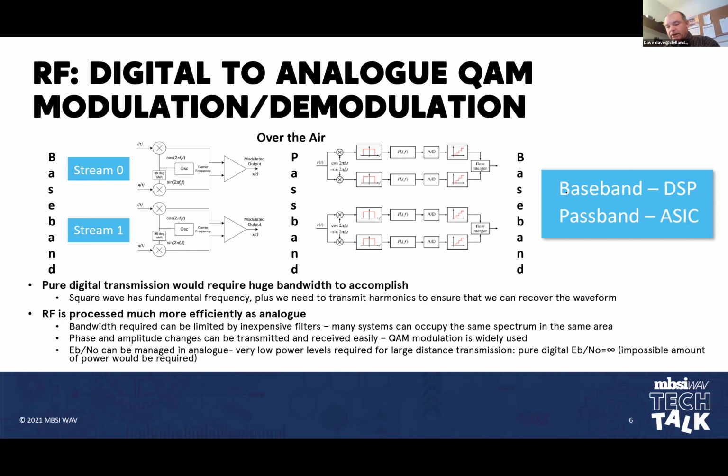Baseband is typically handled by integrated circuits today called DSPs, digital signal processors. Passband is handled by application-specific integrated circuits. That's what ASIC stands for. So in radio systems today, we have both. We have DSPs that are handling the Ethernet.